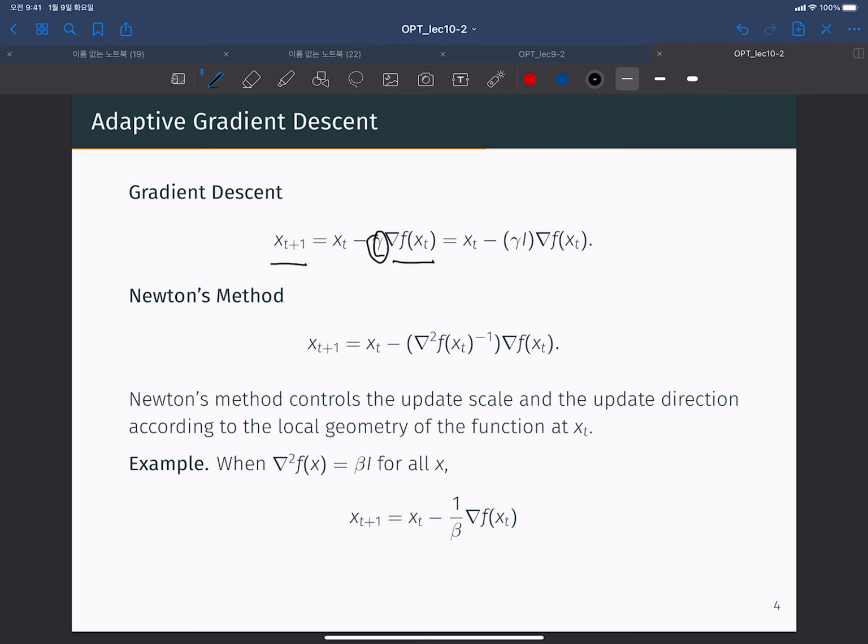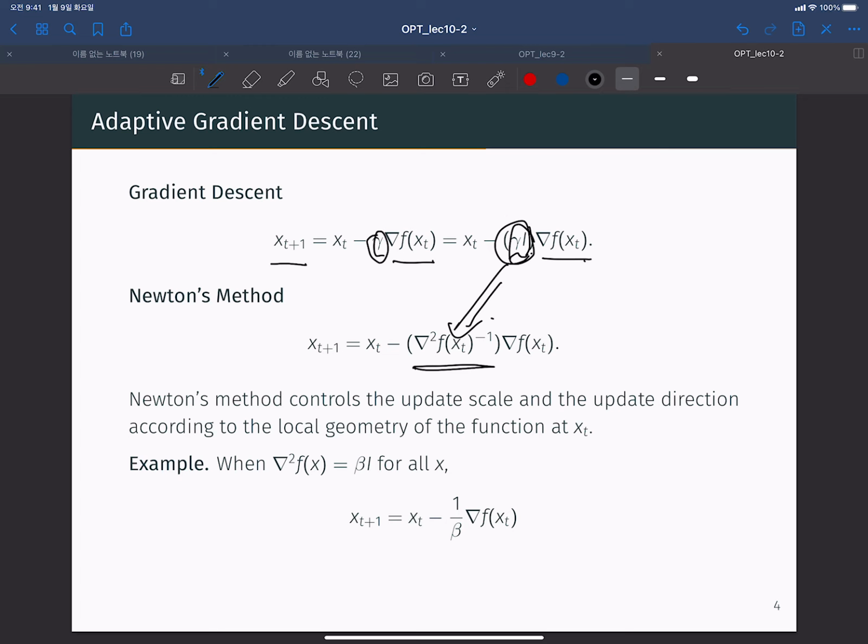And this is equal to gamma times the identity matrix times the gradient vector. But in Newton's method, instead of just a simple gamma times the identity matrix, we use the Hessian matrix. So Newton's method just replaces the step size times the identity matrix by the inverse of the Hessian matrix.